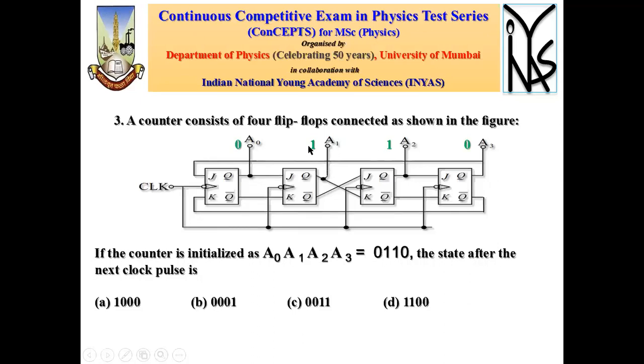But since A1 is fed to K3, the Q bar is 1, and therefore A2 will acquire the 0 value because it is connected with the Q. So the output will become 0, 0, 0, and 1. It is the middle flip-flop where the output of the second flip-flop A1 is crossed to the third flip-flop A2, and because of which you are going to get this 0, 0, 0, 1 output.